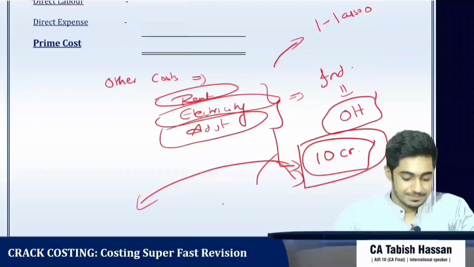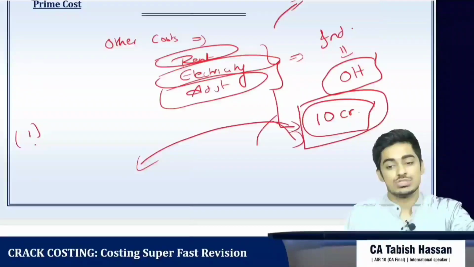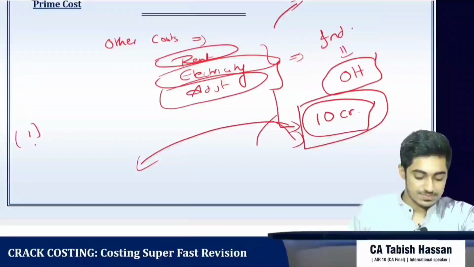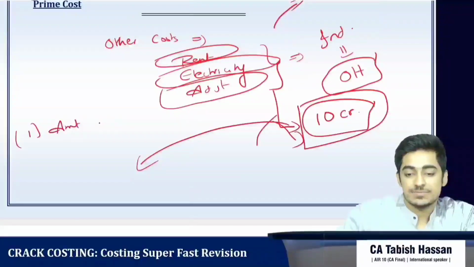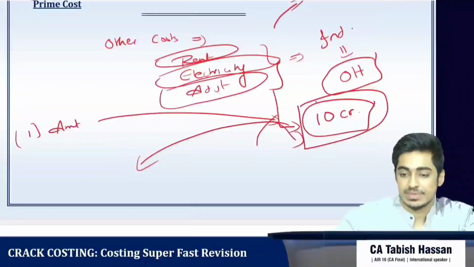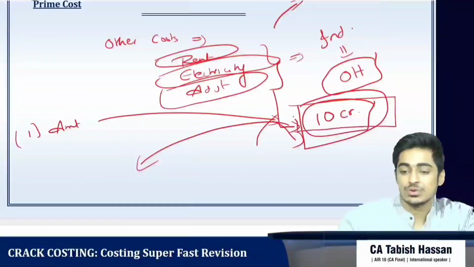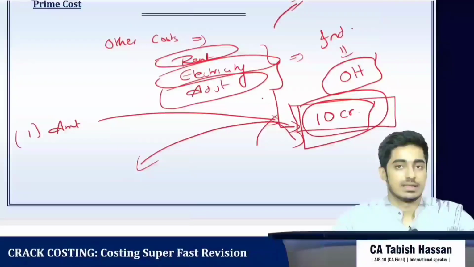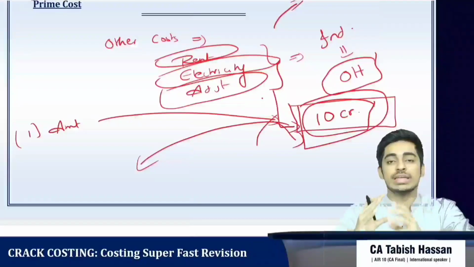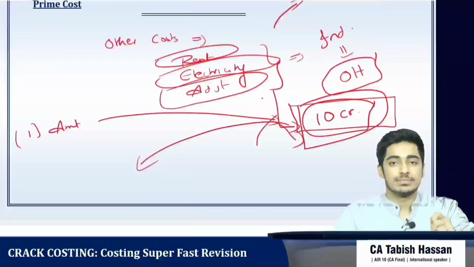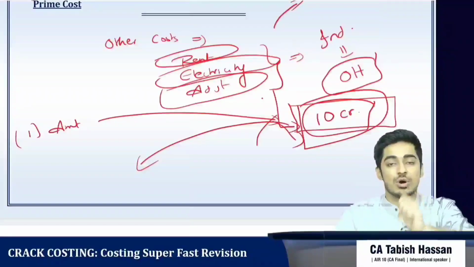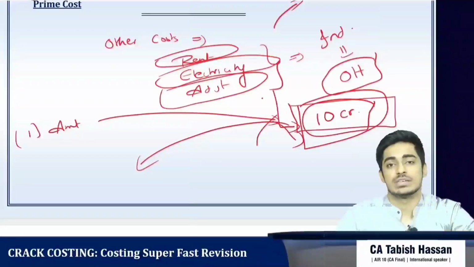Is that fine? So there are certain issues in charging overheads. What are those? First, the amount of overheads is finalized at the end of the period. Say for example, this 10 crore rupees. This is the total of all the indirect expenses. But we cannot tell accurately what this cost would be at the beginning of the year.